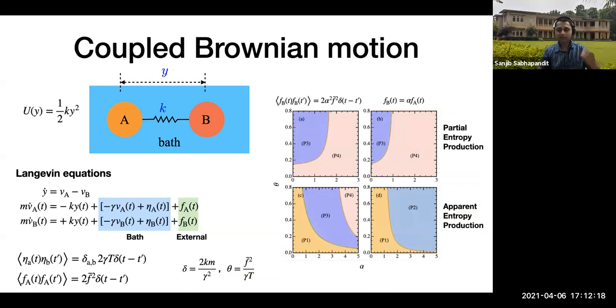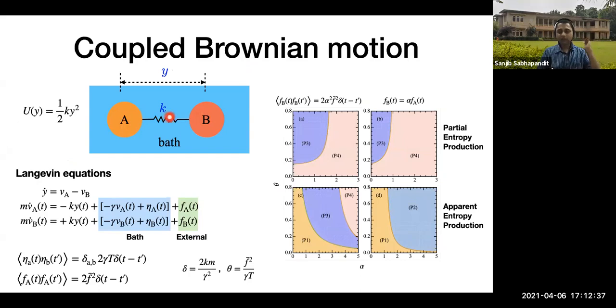And I'll maybe show you the general case later. So what we found is that we can have one setup where you take these two Brownian particles coupled by a harmonic spring, and then you put these two random forces on these two particles, Fa and Fb, to drive the system out of equilibrium.